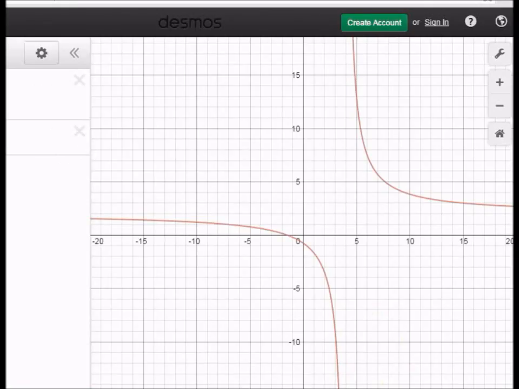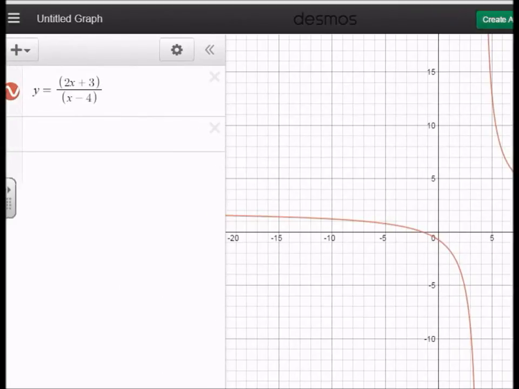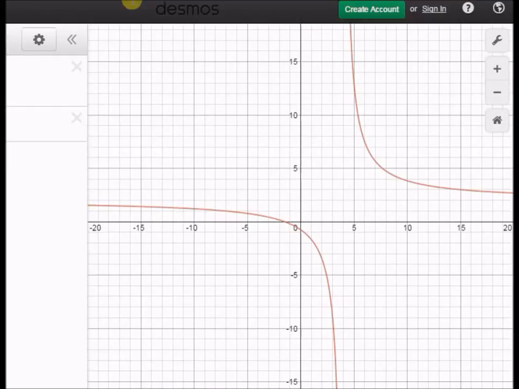Okay, so I've got some graphing software here, Desmos Graphing Calculator, and I've punched in this function, y equals (2x plus 3) all over (x minus 4), and you can see what it looks like. It's a reciprocal function.